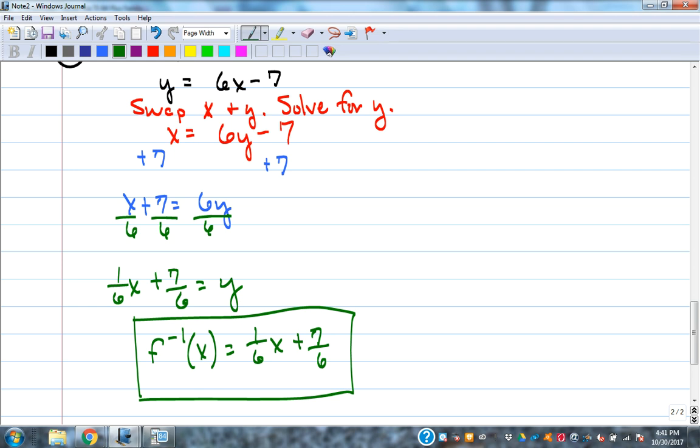We didn't have any restrictions on our domain to start with, so we don't really have to worry about that much here, but we do need to think about it sometimes. For this one, nothing to think about.